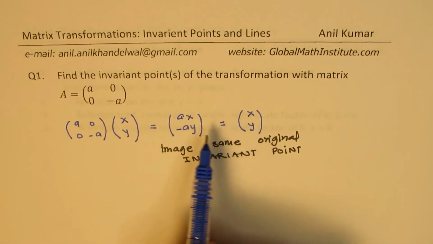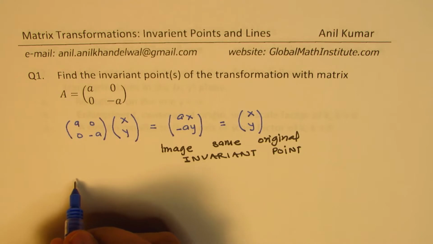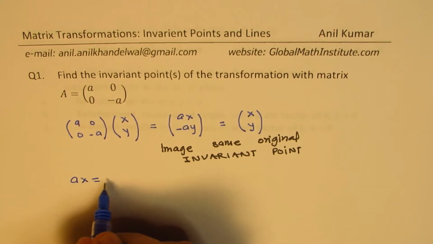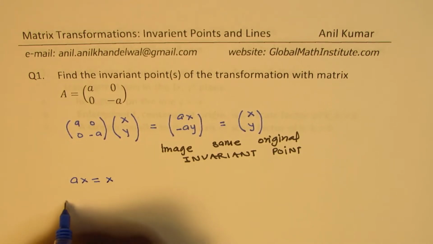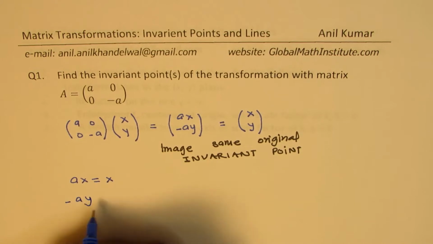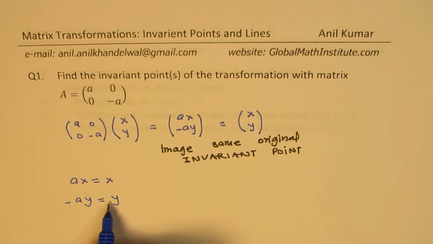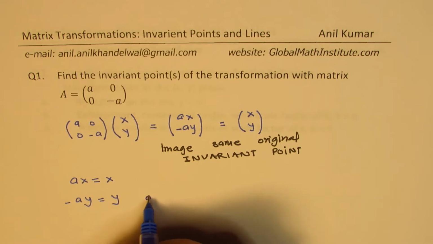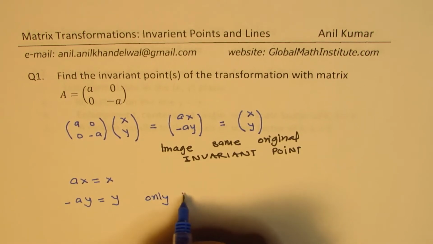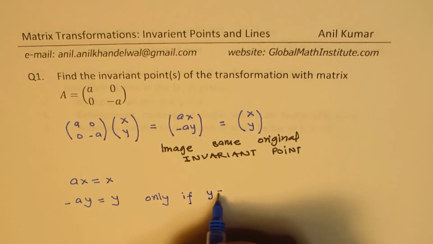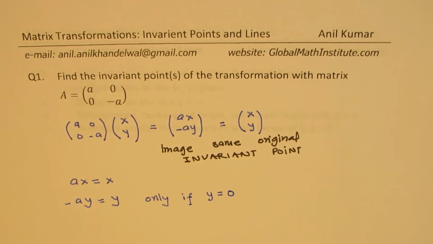So if that is true, in that case we should have AX equals x and minus AY equals y. So minus AY equals y is possible only if y equals 0, correct?